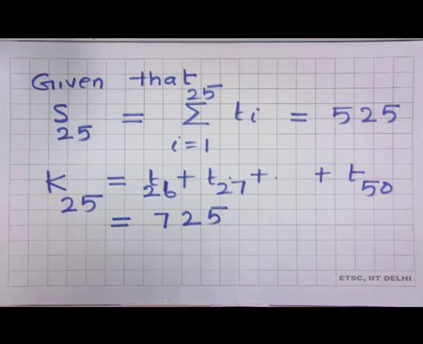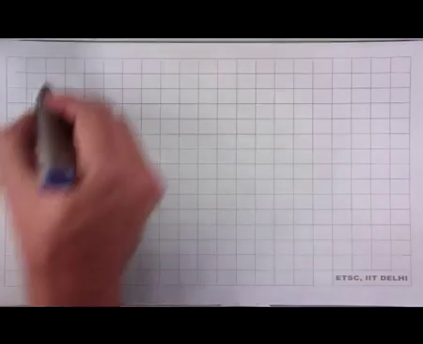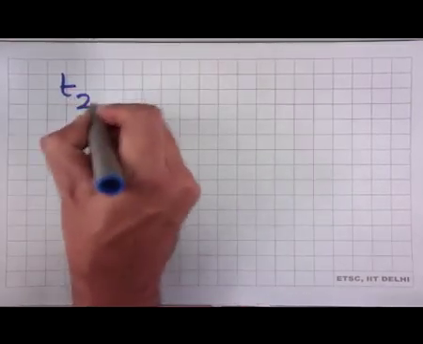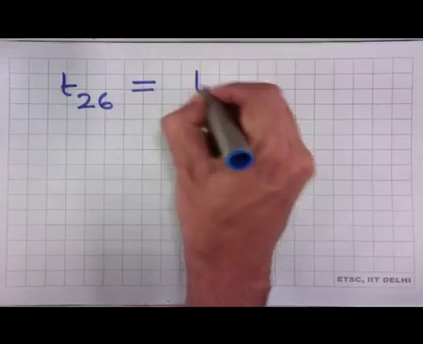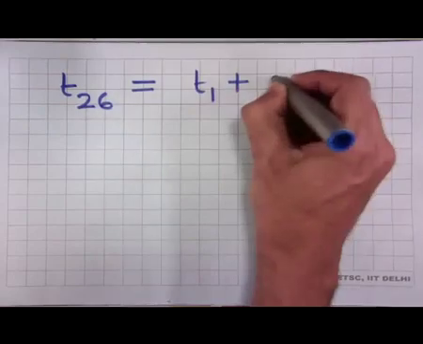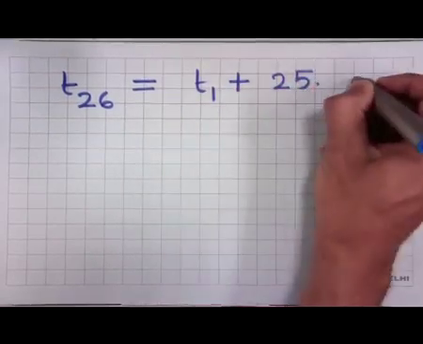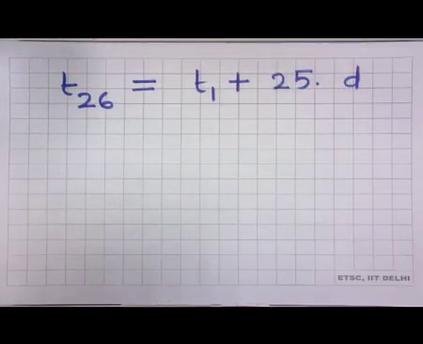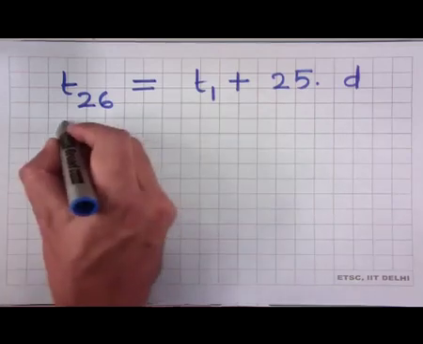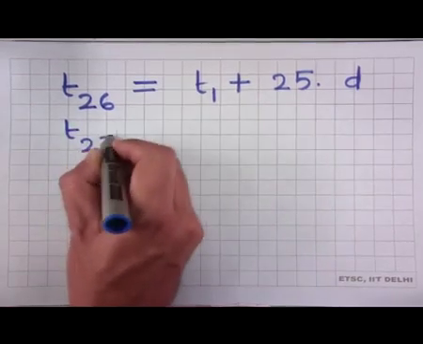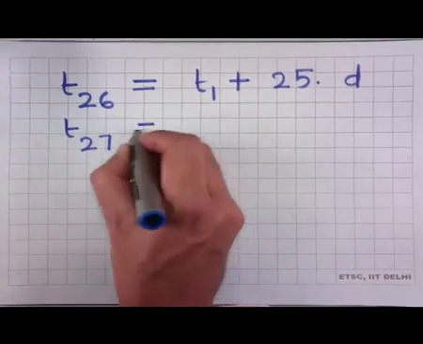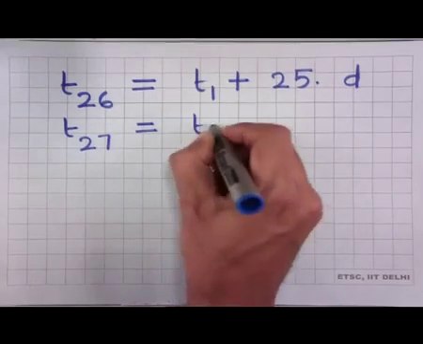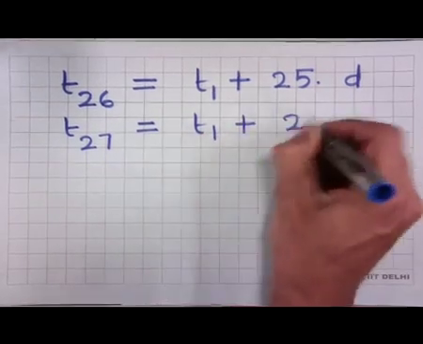However, let us proceed as follows. Recall that the 26th term T26 will be given by first term plus 25 into common difference. Similarly, the 27th term T27 is given by first term plus 26D.